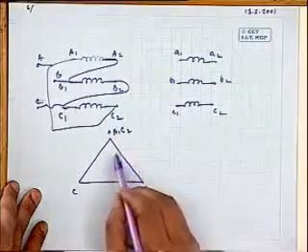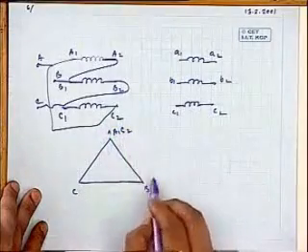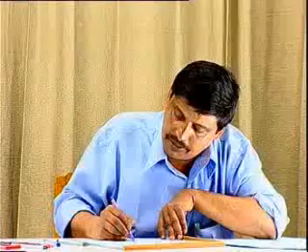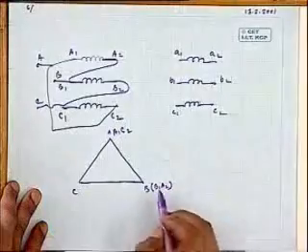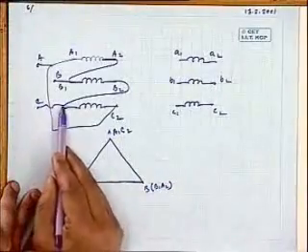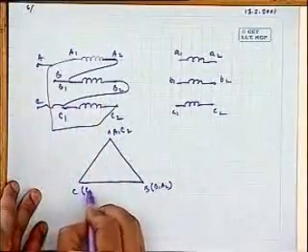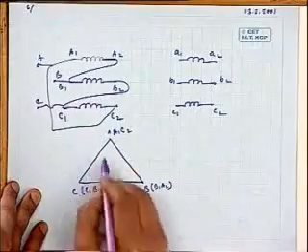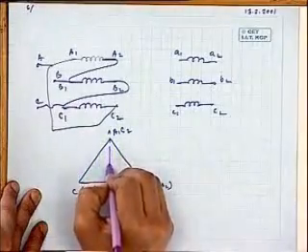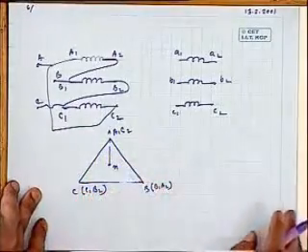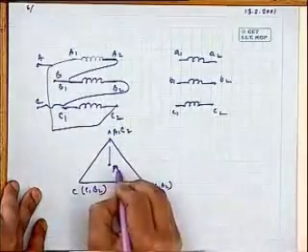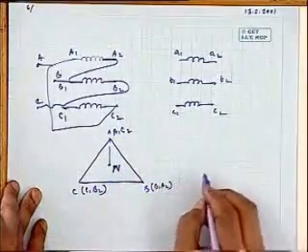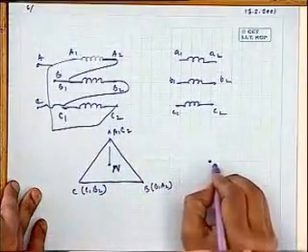A corresponds to A1, C2. B corresponds to B1, A2. If I am wrong, correct me. And C corresponds to C1, B2. And this is the neutral voltage, I mean the primary neutral, capital N.